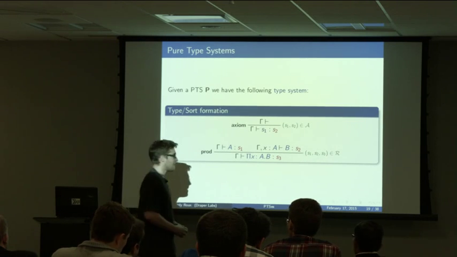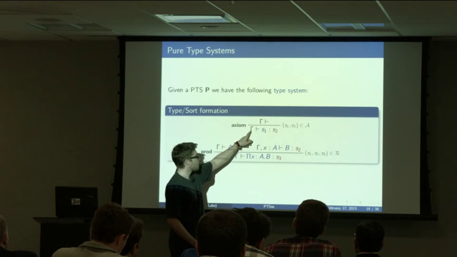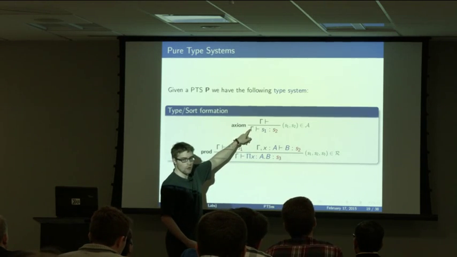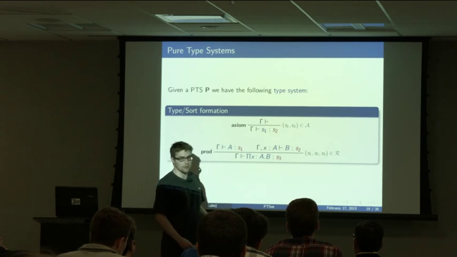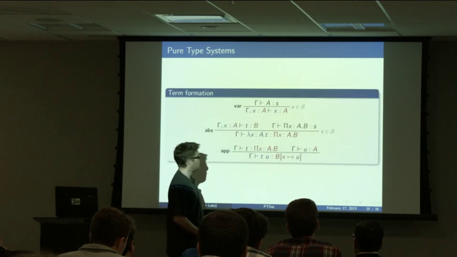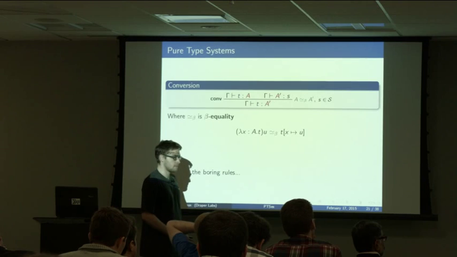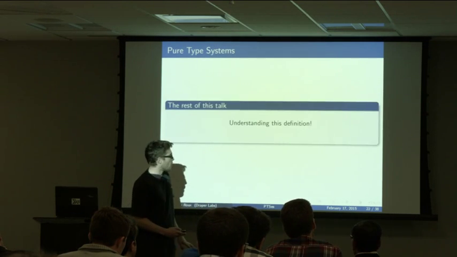But in this case, it just means that if you have non-well-typed things here, non-well-formed things here, then that throws a monkey wrench into your typing rules. It's not that important, which is why I omitted them. Yeah, for all contexts. Yeah. It's again, not that important, which is why I omitted them.